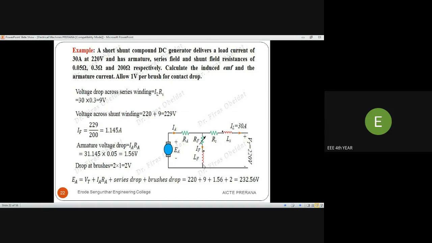That is the difference between the long shunt compound generator and the short shunt compound generator. Other things are similar to the DC long shunt compound generator. It is a simple problem on the DC generator.